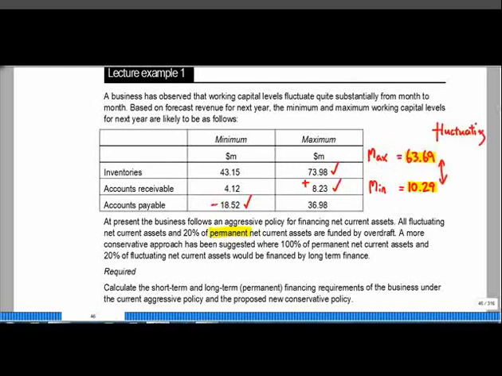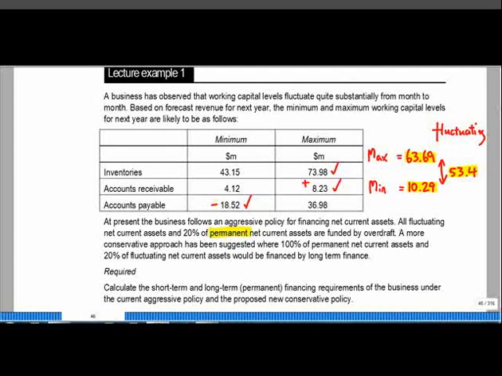And comparing the maximum figure of 63.69 to the minimum or permanent of 10.29, we can then see that we have fluctuating working capital of 63.69 less 10.29, which is 53.4.